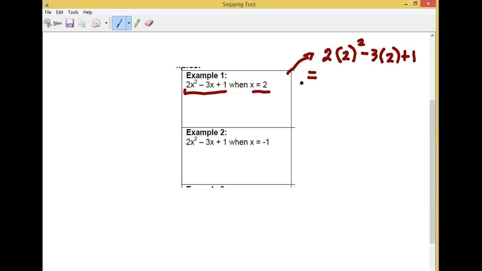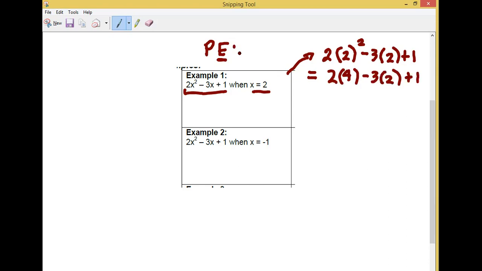Remember, it's PEMDAS. So there's no parentheses, let's start with the exponent. 2 squared means 2 times 2. So it is 4. So 2 times 4 minus 3 times 2 plus 1.